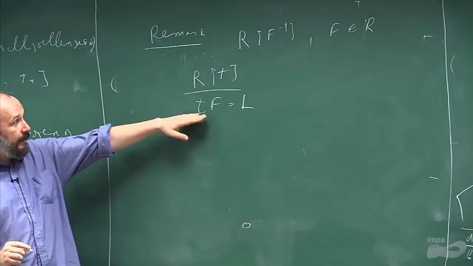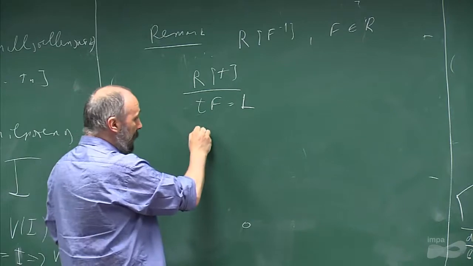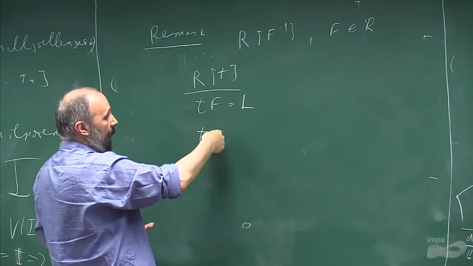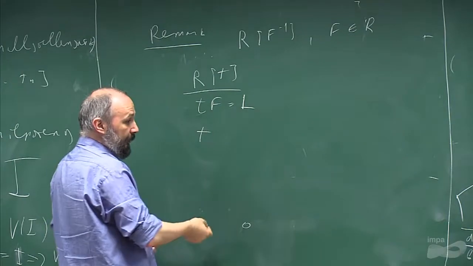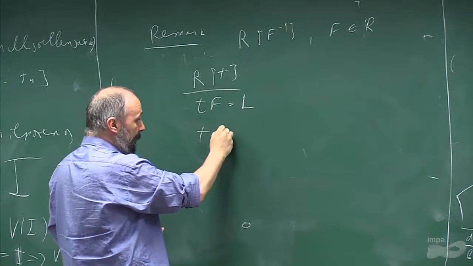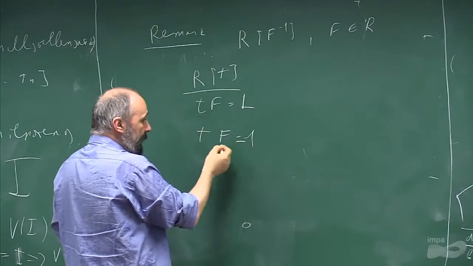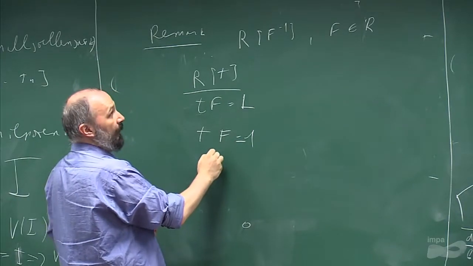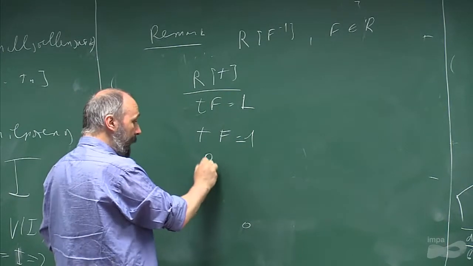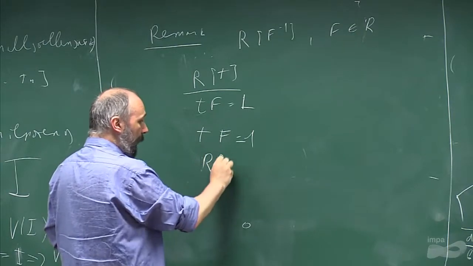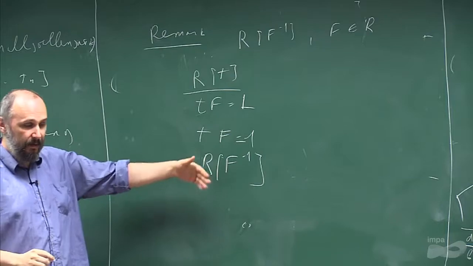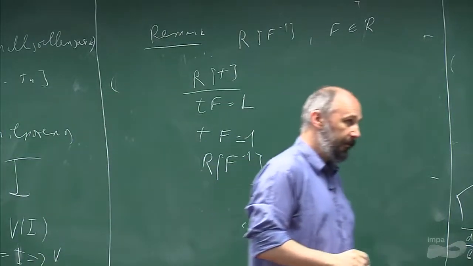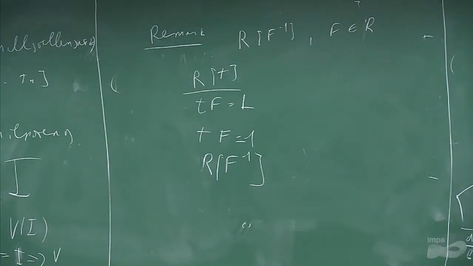You just added one more generator such that T F is equal 1. This means that you just added F minus 1. So it's R of F minus 1. It's fractions with denominator which is F. So in particular, it's a finitely generated ring.